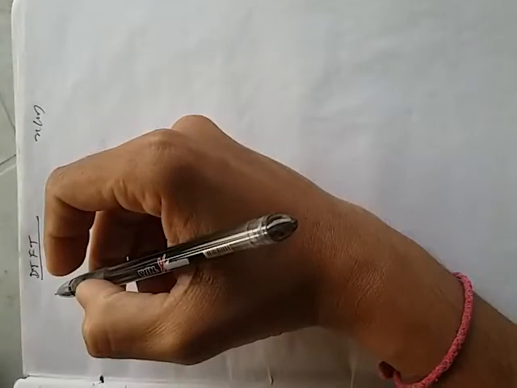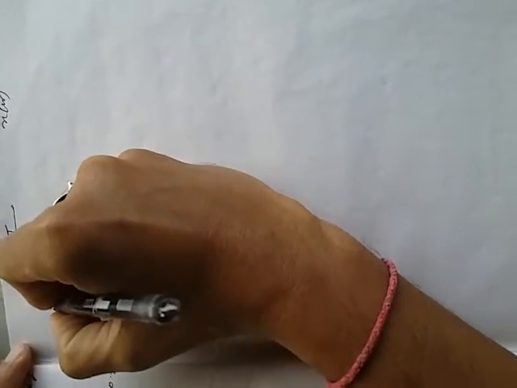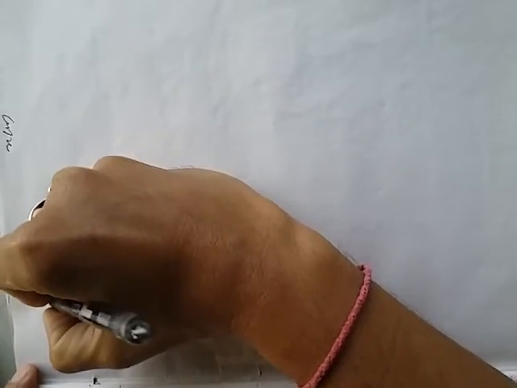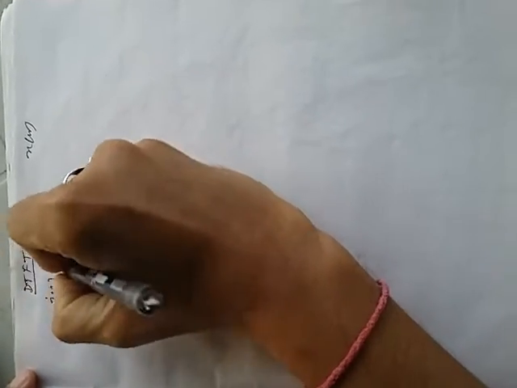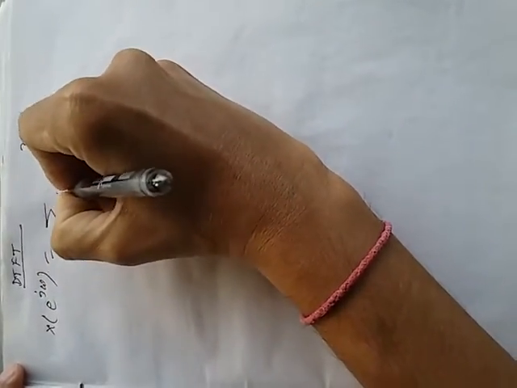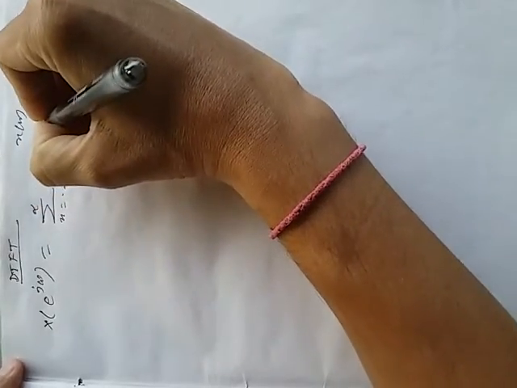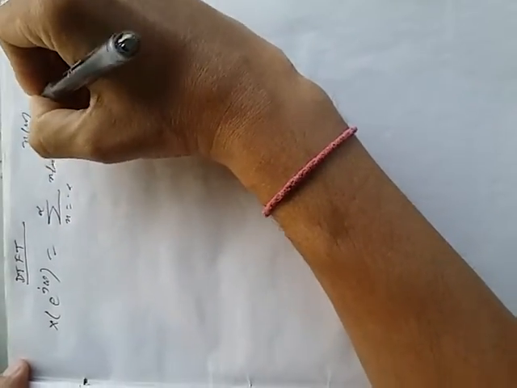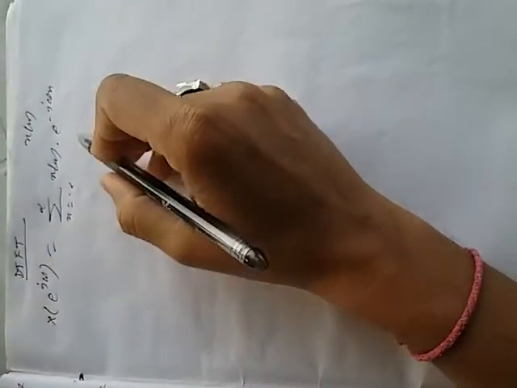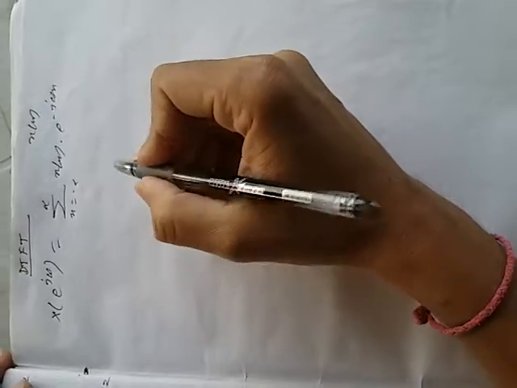So the formula of DTFT is X of e to the power j omega, this is capital X, right? So X of e to the power j omega is equal to summation n equal to minus infinity to infinity x of n into e to the power minus j omega n. This formula is quite similar to the formula of Z transform.